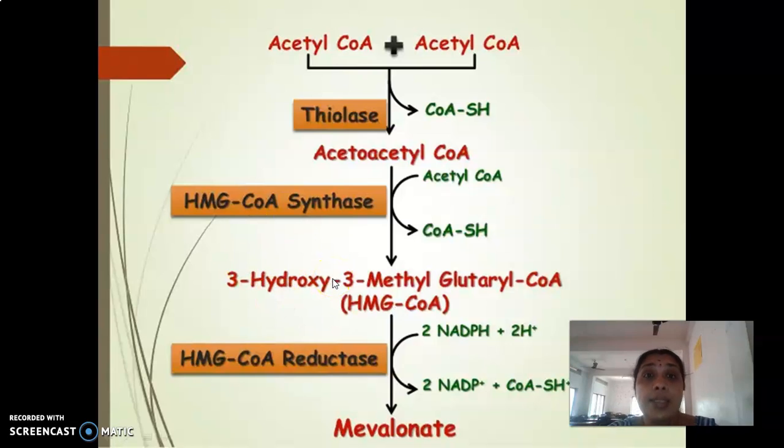If the liver cells are synthesizing cholesterol from the same acetyl-CoA, then it is not the mitochondrial reaction that is happening. The same reactions will be simultaneously happening out in the cytoplasm also. So mitochondrial ketone body metabolism will be initiated with the same compounds, with the same enzyme, but the mitochondrial fraction.